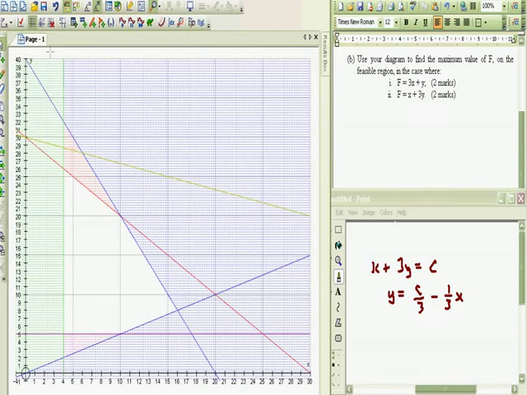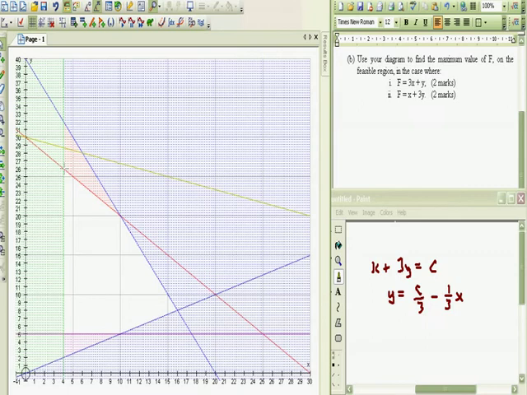So now you can see it's not such a steep line, and when it's approaching the feasible region, we would probably expect that the first point it's going to hit is actually going to be this point here, 426.